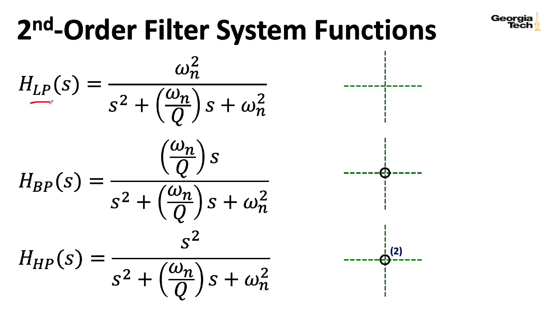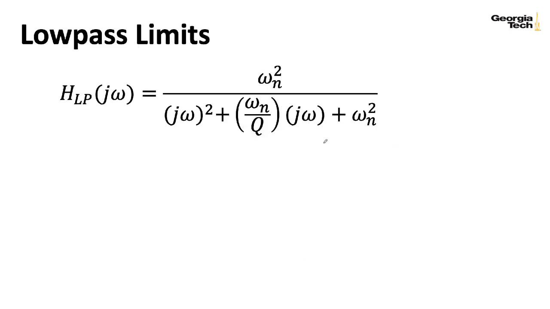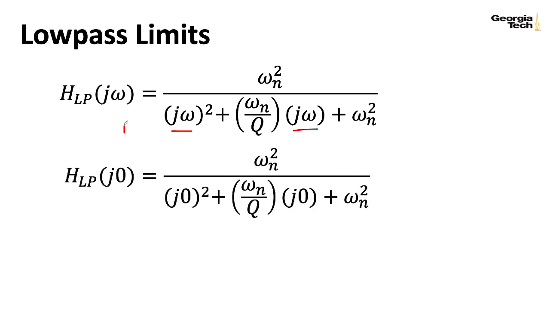So first, let's make sure the names low-pass, bandpass, and high-pass are earned by plugging in j omega for s to derive frequency responses and see what we get when we plug in 0 for omega and when we let omega go to infinity. So plugging in j omega for s here, and plugging it in here, and then plugging in 0 for omega will give us the gain at DC.